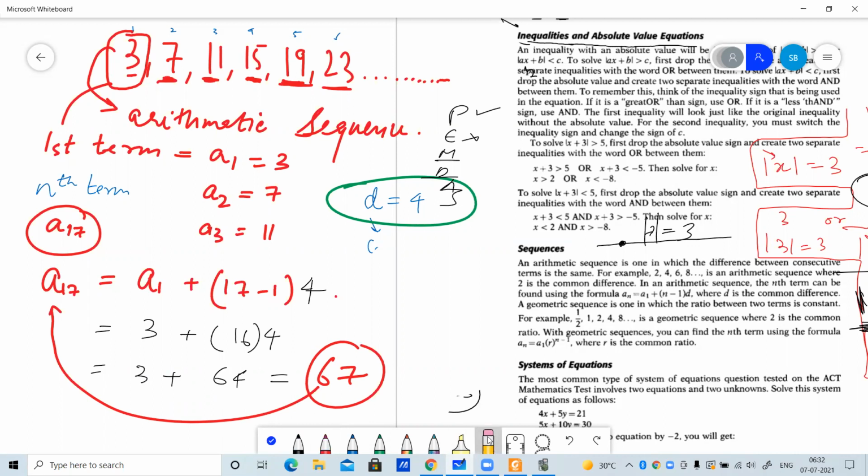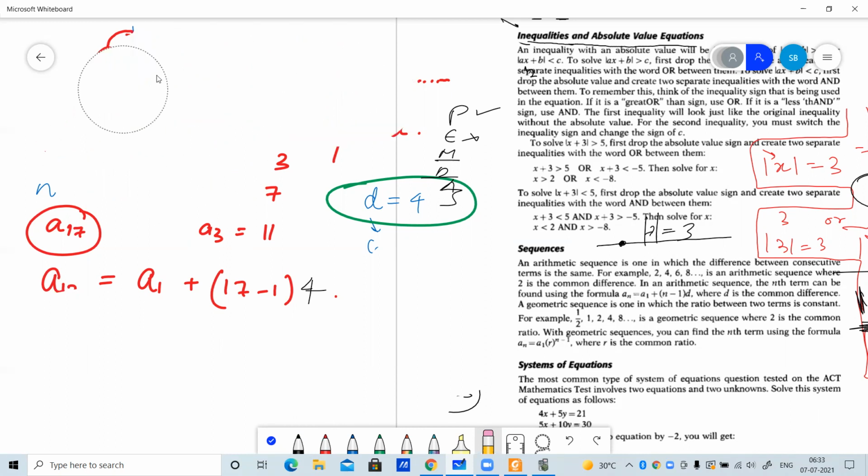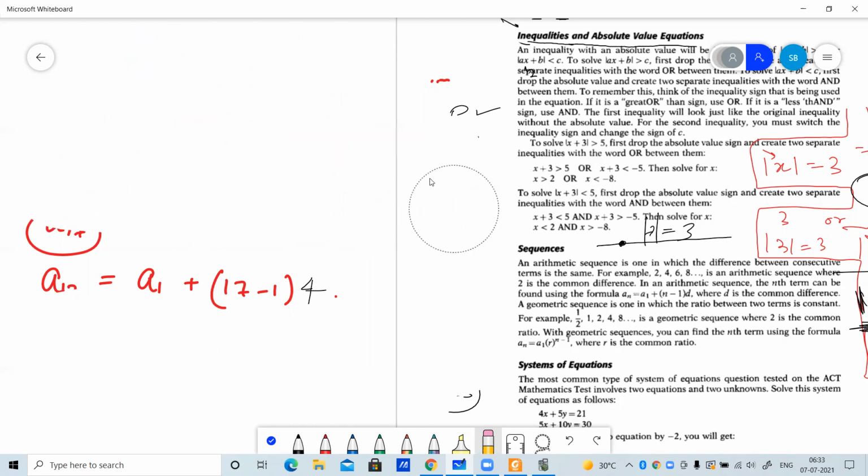Got it? So that is how you calculate the nth term. Now suppose a question gives you a term and the first term.